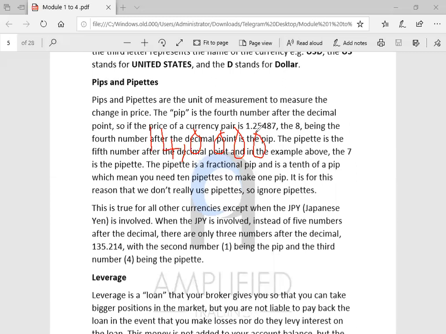And if it moves from 14,000 to 14,020, that means the market has moved up 20 pips. I'm hoping everyone actually has a really good idea about that and understands it. Pretty straightforward stuff.